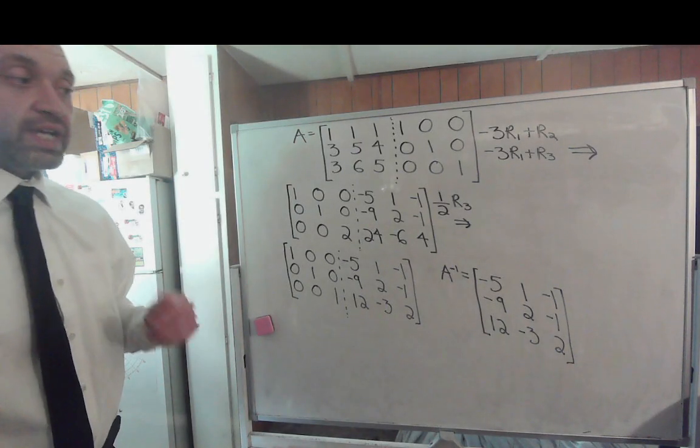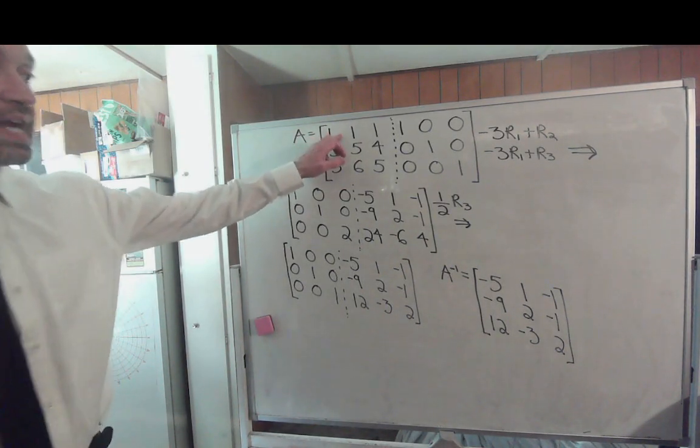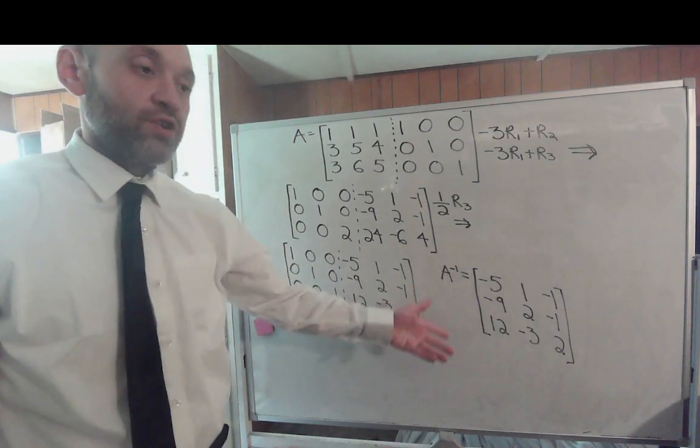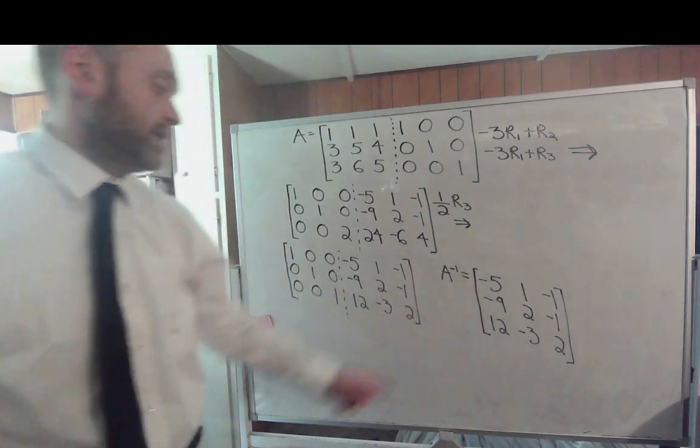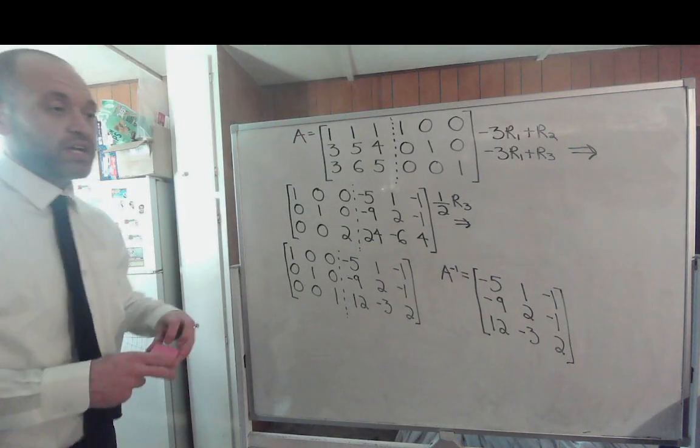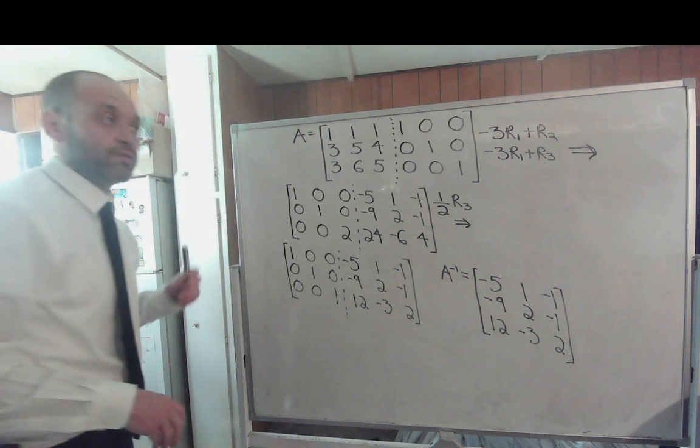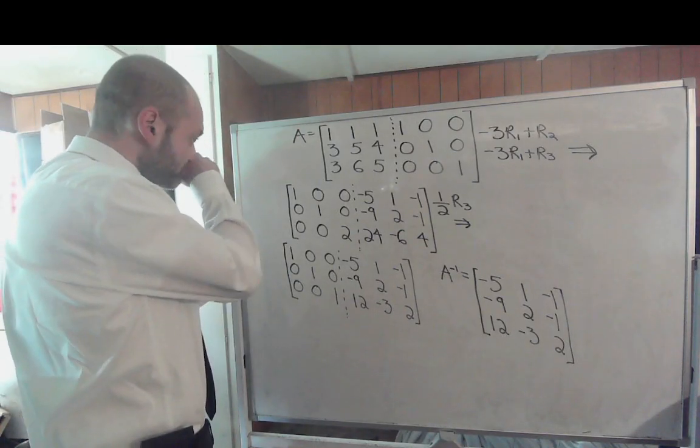And if you really care to, you can take matrix A times the A inverse to check your result. You should get the identity matrix. That's how you can check to make sure you got the right answer for the inverse matrix.